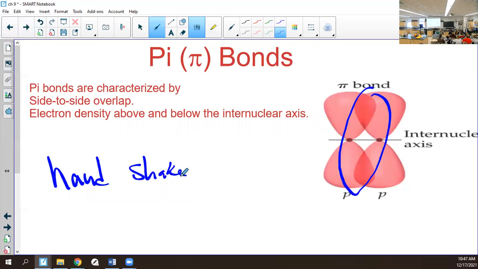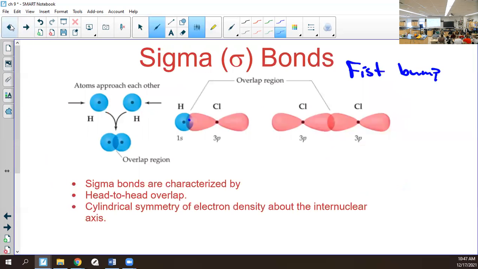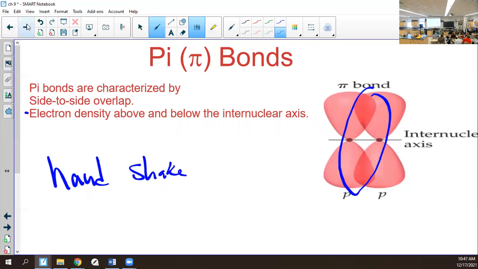Don't worry about this sentence right here. The electron density is above or below the internuclear axis, not in the middle. So far, what should we know about this? We should know a sigma is head to head, and that a pi is side to side.